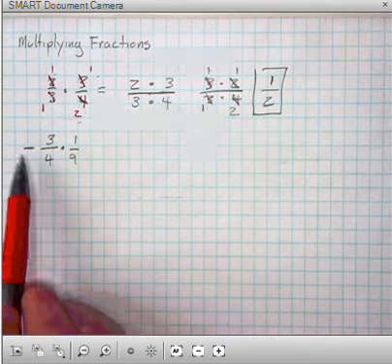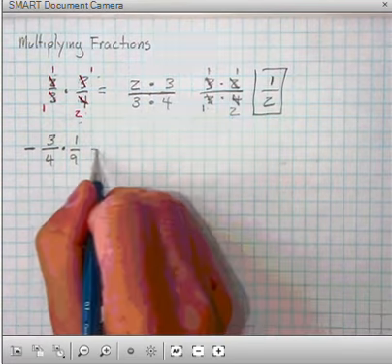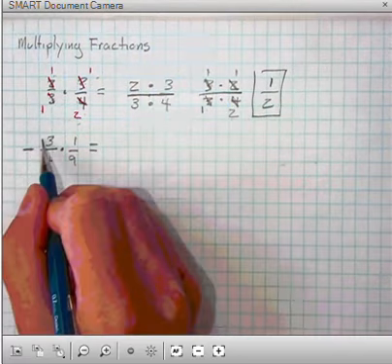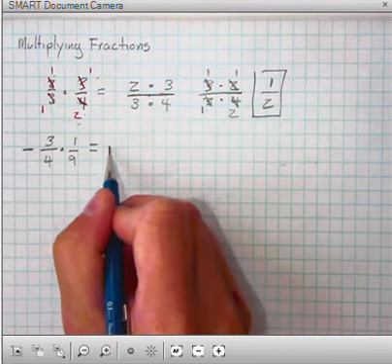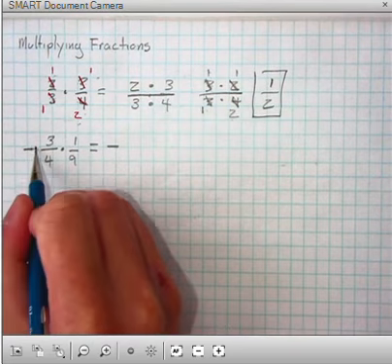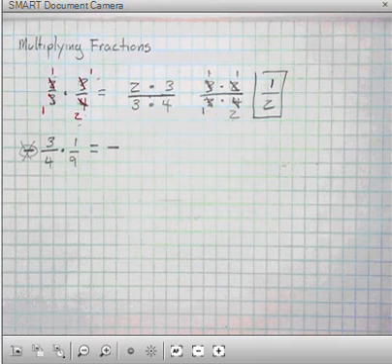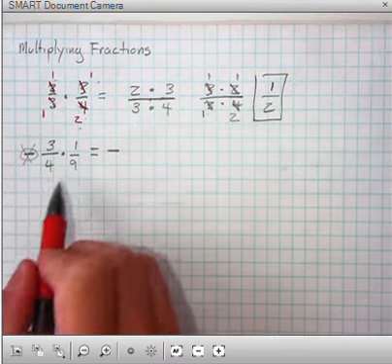Here I've got a negative times a positive, so my answer is going to be negative. Once I know my answer is negative, then I don't really care about the negative sign anymore. And now I'm going to try to reduce.